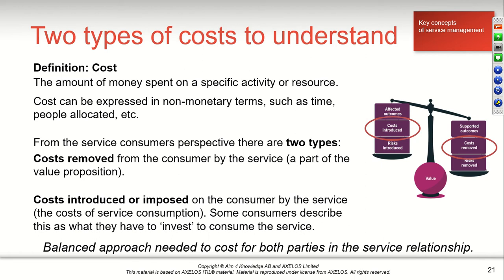Cost removed is part of value proposition. As I've mentioned before, all the three you have here are part of value proposition. What you have on the left hand side are part of cost of consumption. So there must be value proposition, and this other one refers to the service consumption.